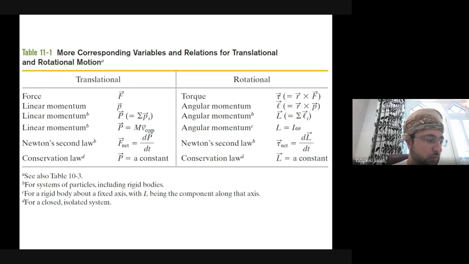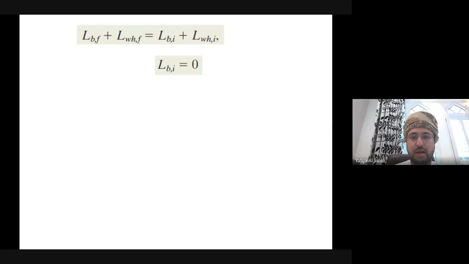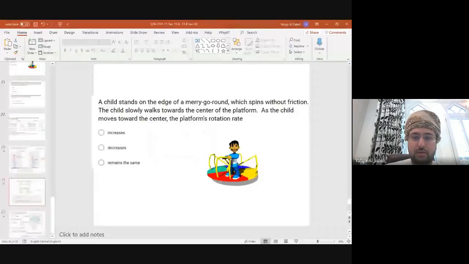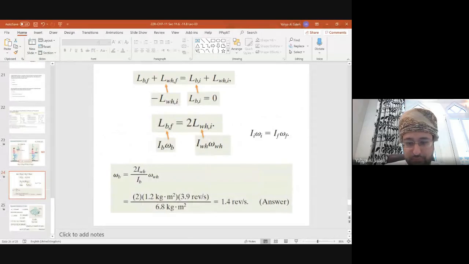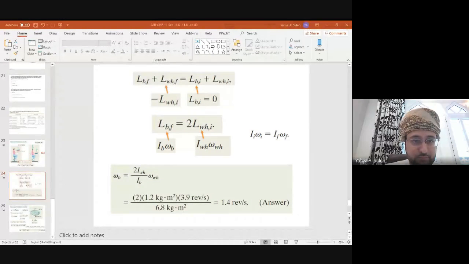To those who are asking, this is section 11.3, conservation of angular momentum. And your book has a few good examples. 11.4, precession of a gyroscope, is not covered.